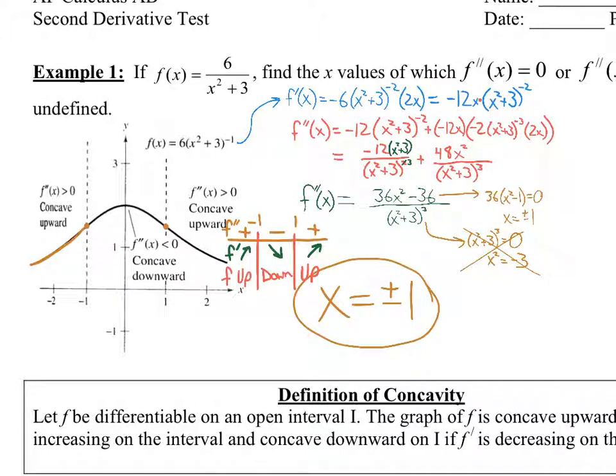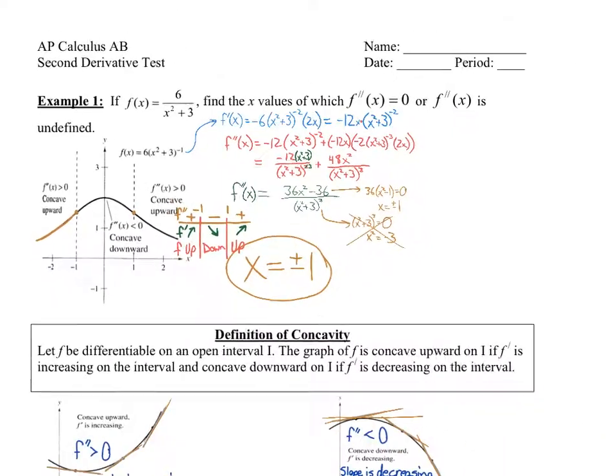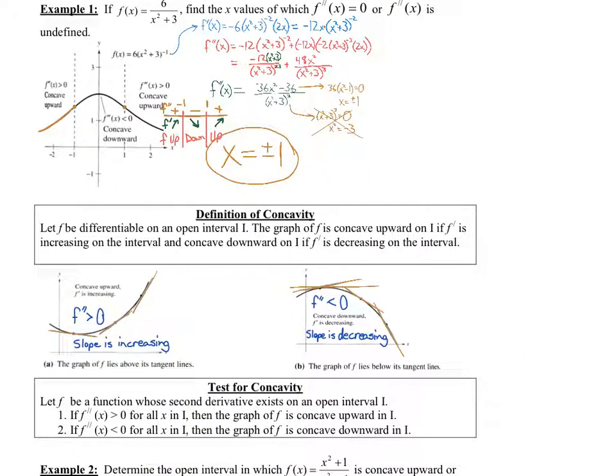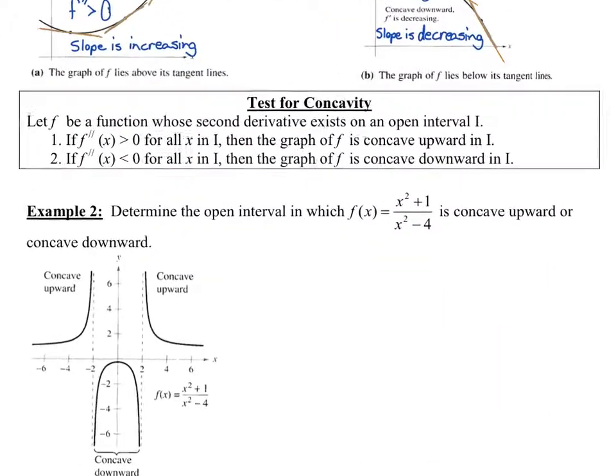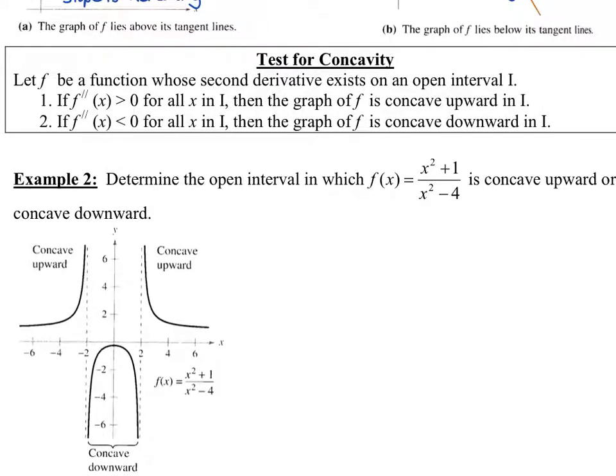So here it's concave up. So that's what concavity is. And notice here, like we just said, if the second derivative is positive in an interval, then the graph of f is concave up.